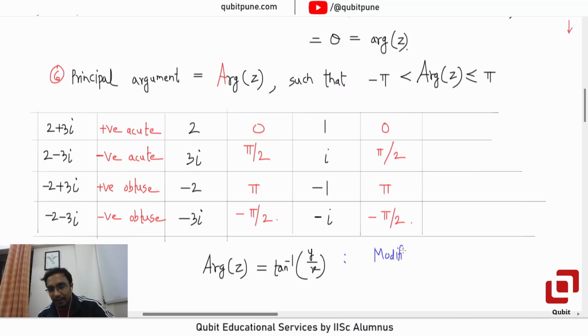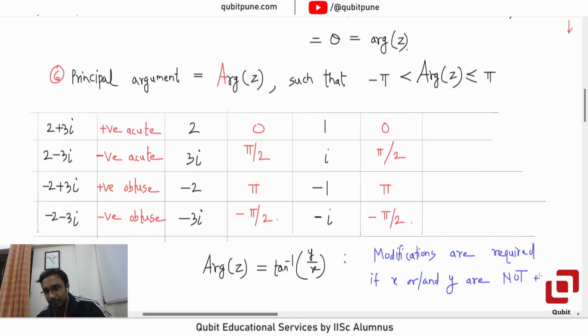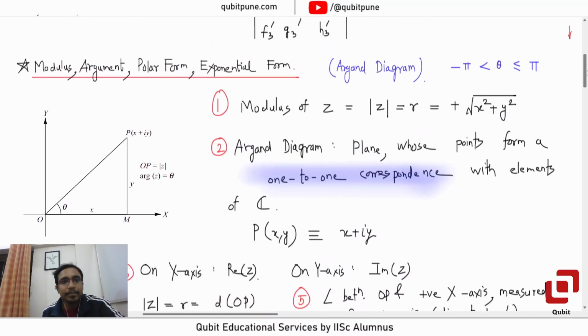Modifications are required if x and y, or x or y, are not positive. Okay? So you know what that means. Fine. That's principal argument.